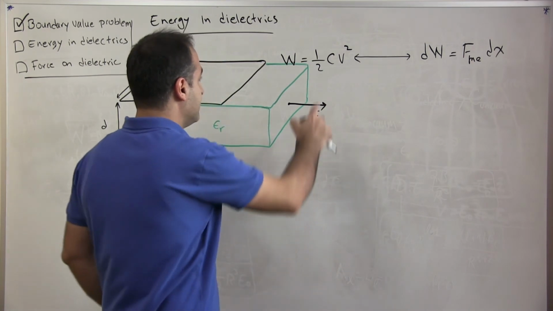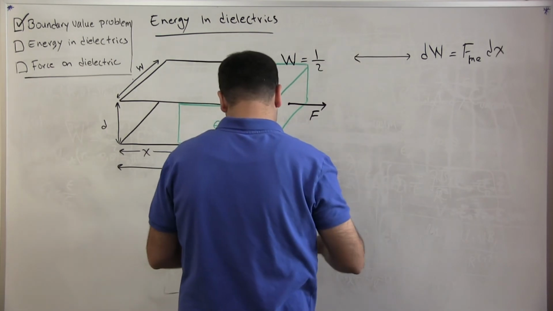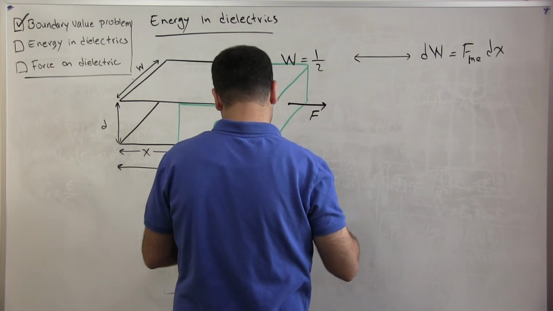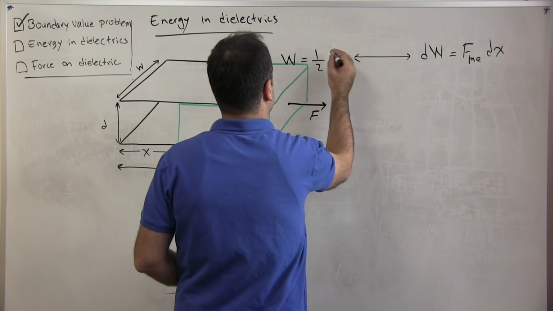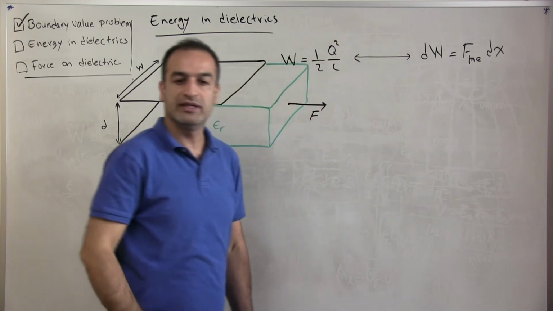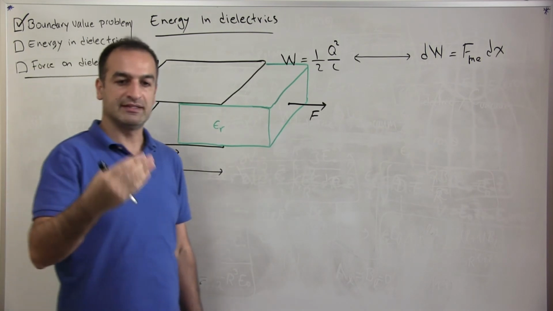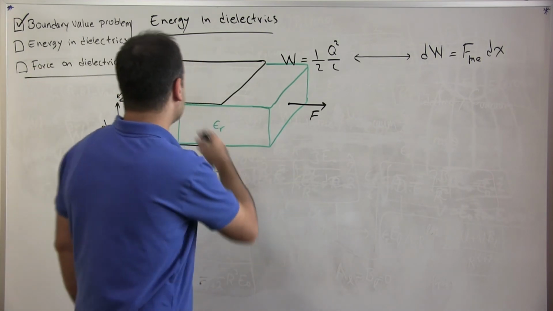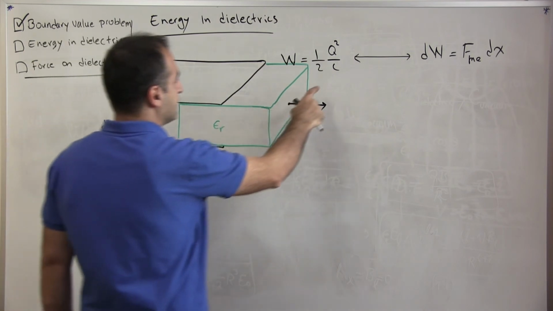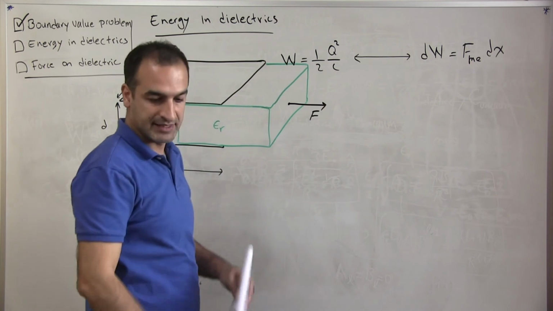So the better equation to calculate the energy of the capacitor in this case is actually 1/2 Q squared over C. The two equations are equivalent when you know what is the V and what is the Q, but in this case, the V can change, so I'm going to follow this equation to calculate the energy of the capacitor.